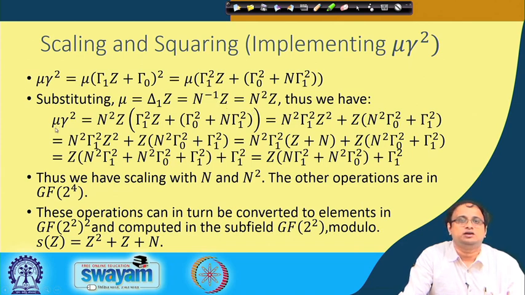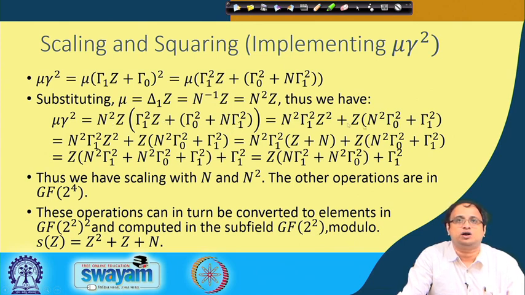And therefore, it turns out that mu gamma square is nothing but I am writing n squared z, multiplying it with gamma squared, which is gamma 1 squared z plus gamma 0 square plus n gamma 1 square. So, now if I apply n square over this part in the parenthesis, I will get n square gamma 1 square z square plus z multiplied with n square gamma 0 square, where I am multiplying this over this, and then I have got n to the power of 2 into n, which is n cube.